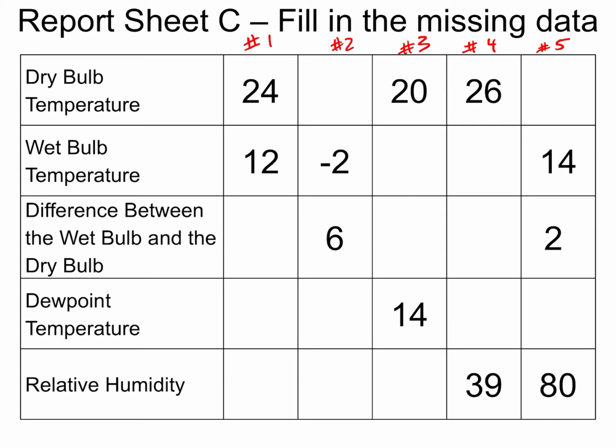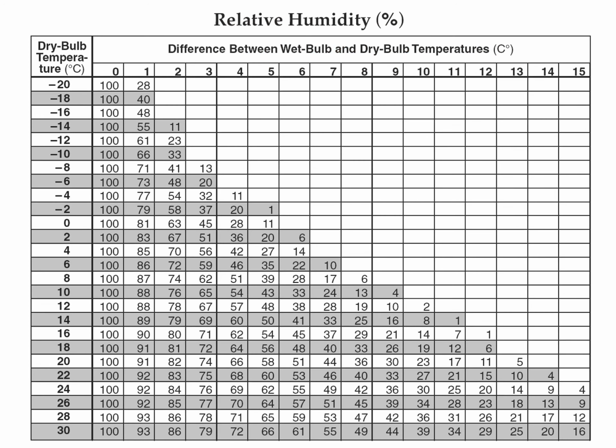If the wet bulb is -2 and the difference is 6, remember the wet bulb is always less than the dry bulb, so you would add these two together. Then you know your dry bulb is 4. The rest of it is easy; you fill it out with the charts. You may have to work backwards in a couple of them, but nothing that I don't think you can handle. If you have questions, you can always reach out to me.